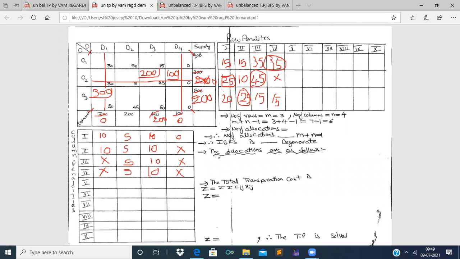It is a peculiar situation in which supply and demand are the same while allocating in the middle of allocations. Therefore, we allocate 200 at a time. We strike off supply, made 0, and strike off demand, also 0. Therefore, we strike off the row and the column.